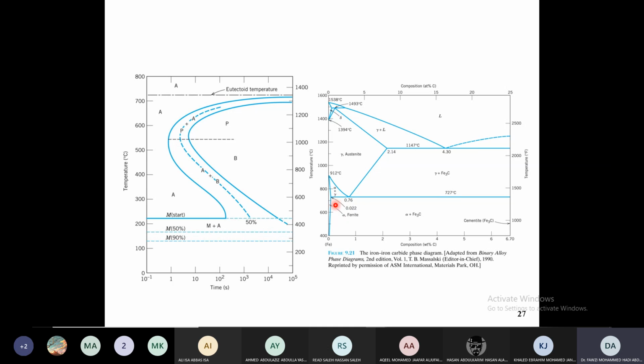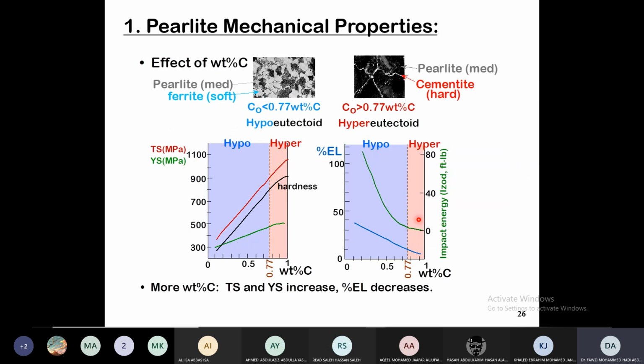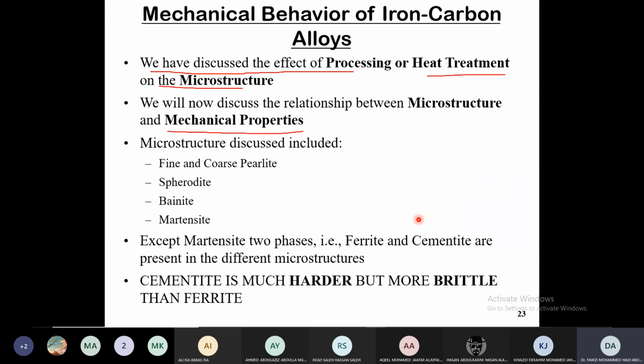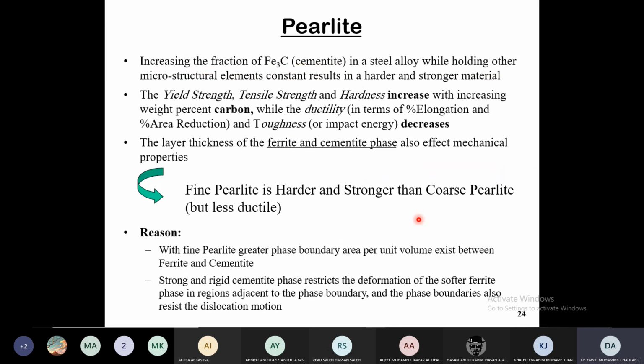And therefore, any extra carbon content in the material goes and forms what? It forms the cementite, basically. It does not go into the ferrite. So it forms the cementite phase because of the availability of any extra carbon.